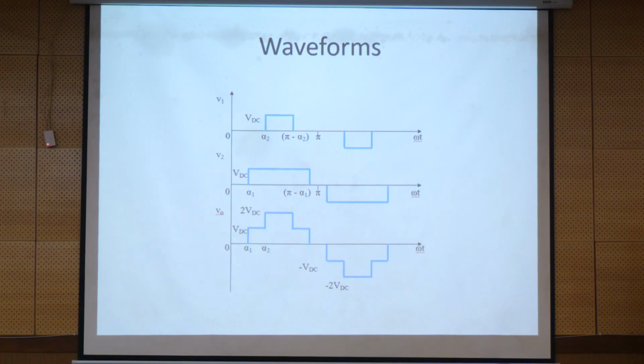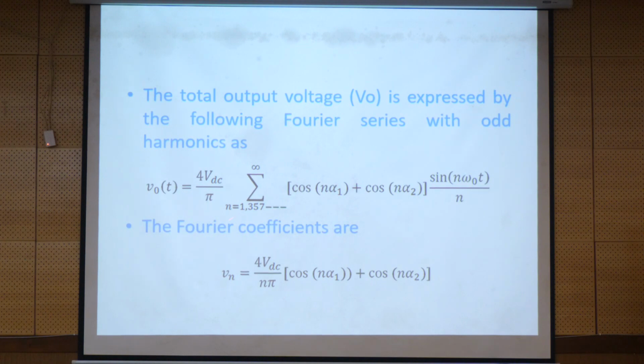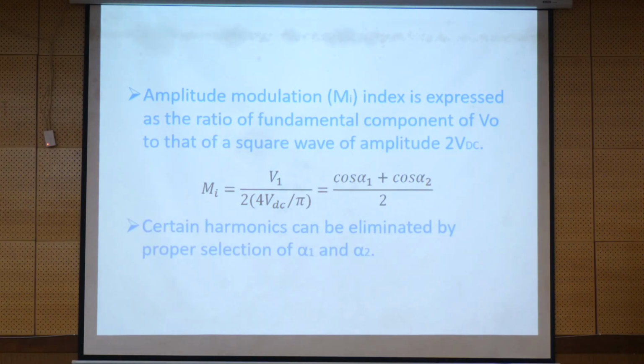I will give the expression directly. The total voltage is expressed by the Fourier series with the harmonics, and the switching angles are alpha 1 and alpha 2. Proper selection of switching angles, alpha 1 and alpha 2, can be done using some kind of iterative method.